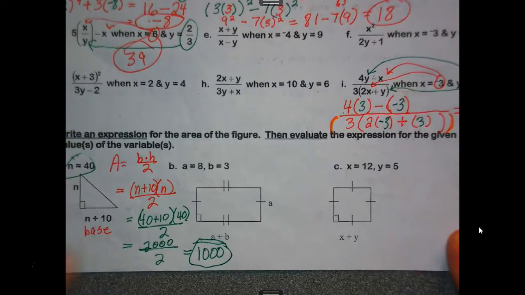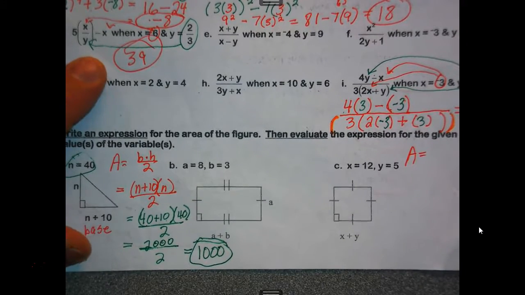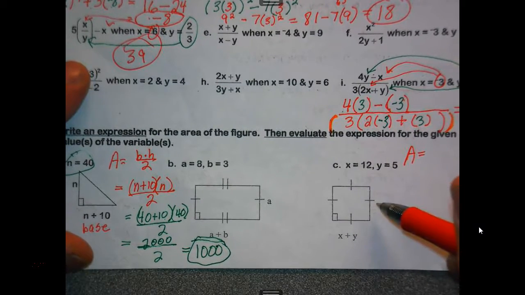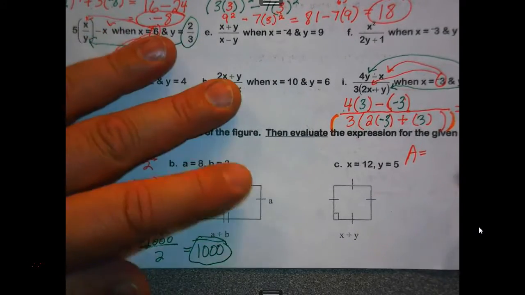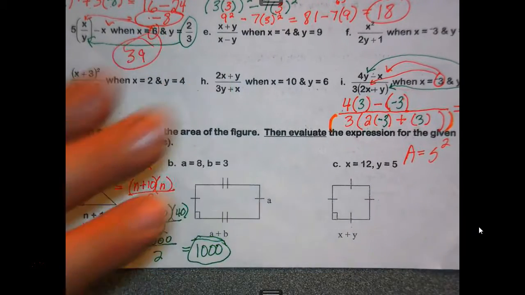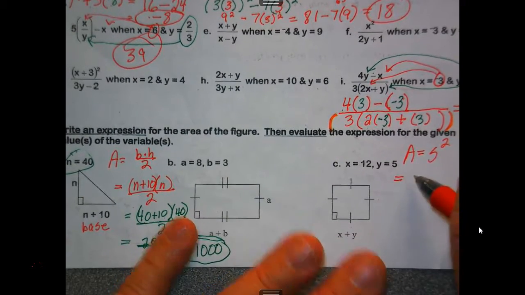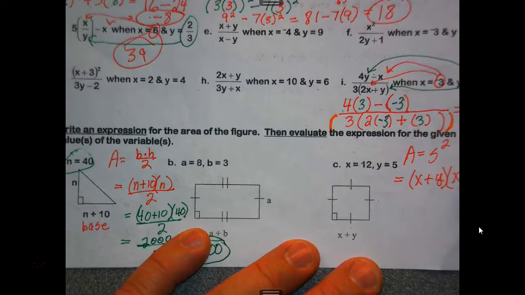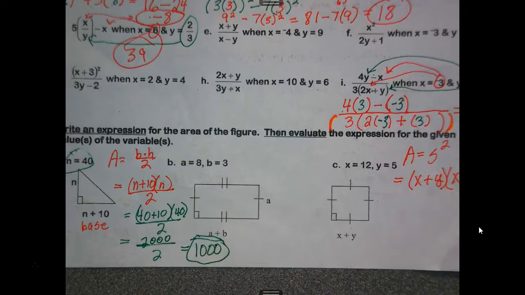How about a square? What's the formula for area of a square? You just can't take the sides and multiply them together. No, square. You guys can figure it out. You just take the side times the side, so you're actually just squaring the side, right? Okay, so my side is x plus y times the side is x plus y, or you can just do x plus y squared.